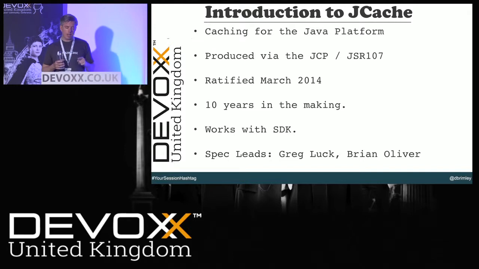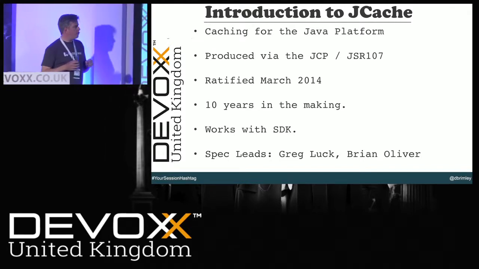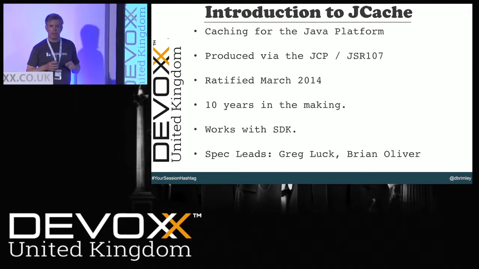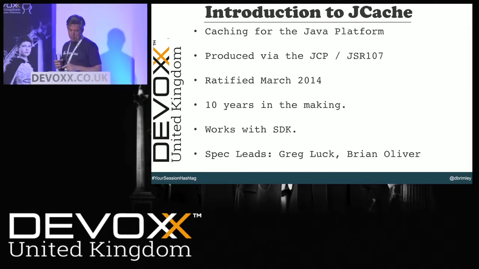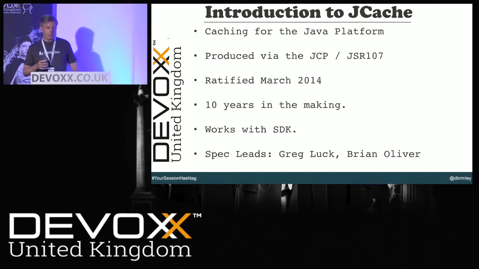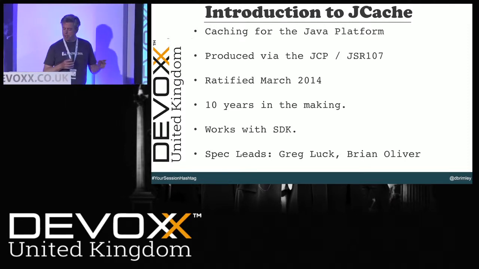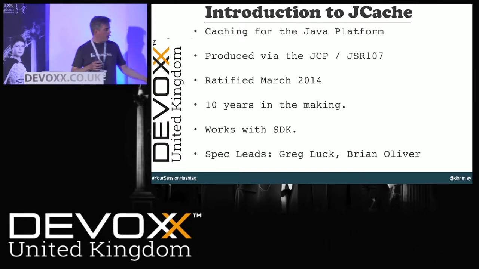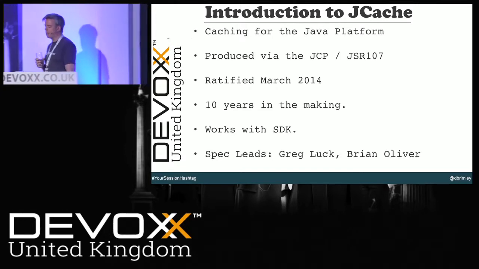I think I'm right in saying that it's the longest ever running JSR. It ran for, I think, about 10 years. It started off and then it kind of died a bit, and eventually, I think about 2 years ago, Greg Luck and Brian Oliver are the people we need to thank for this.